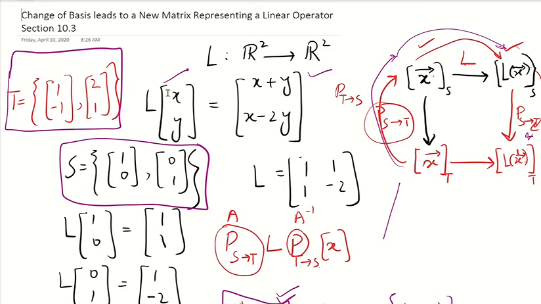Bismillahirrahmanirrahim. This lecture is related to the change of basis that leads to a new matrix representing a linear operator. So what does it mean?